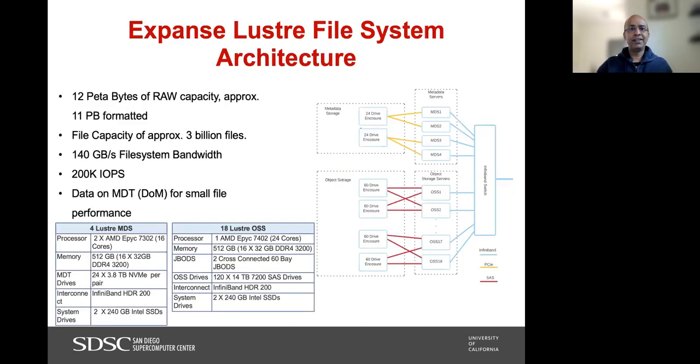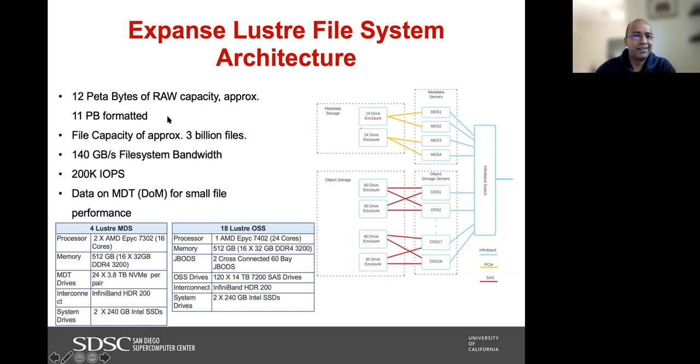So this is the summary of the Expanse Lustre file system. Basically, it can support up to 12 petabytes of raw, but since we don't use raw, it's around 11 petabytes overall. This includes both the project and the scratch space.